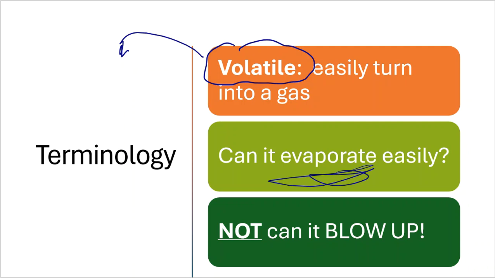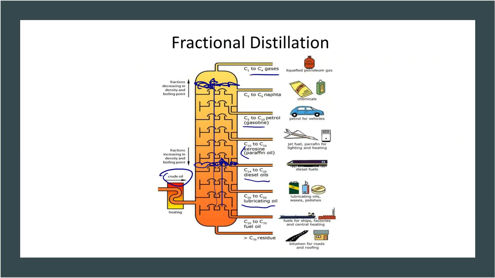Okay, so just a little bit of terminology cleanup here, because what we're getting ready to talk about is that the components that go into something like distillation, it's going to be great if they are volatile.